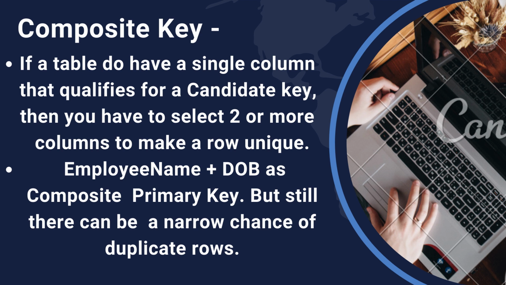Like we'll add employee name plus date of birth as a composite primary key. But still there can be a narrow chance of duplication, a chance of redundancy, because of that we have added two columns and created both columns together as a primary key.